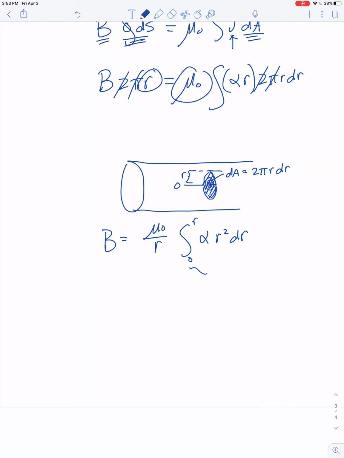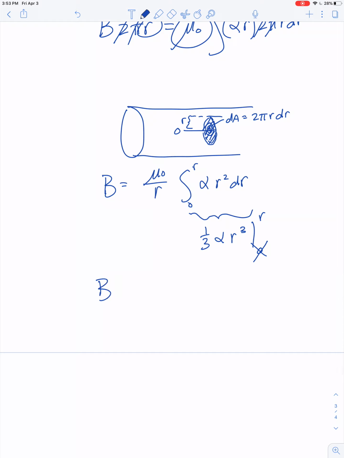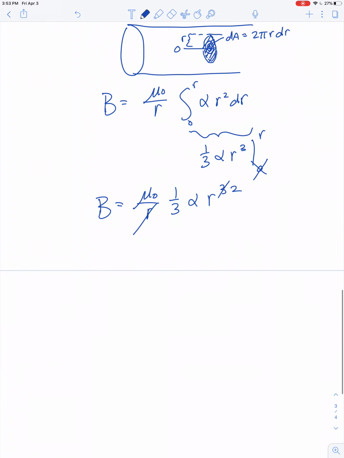So the integral of alpha r squared is 1/3 alpha r cubed, and when I evaluate that from 0 to r, I don't really have to bother with the lower limit. So we get B is equal to mu naught over r times 1/3 alpha r cubed. That r cancels with one of those to make this r to the second, and we get B equals mu naught alpha over 3 times r squared.